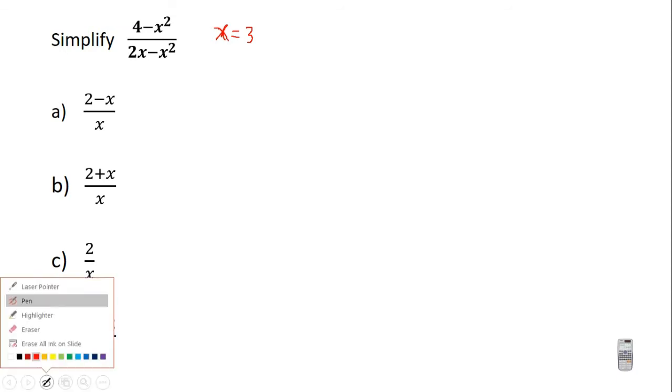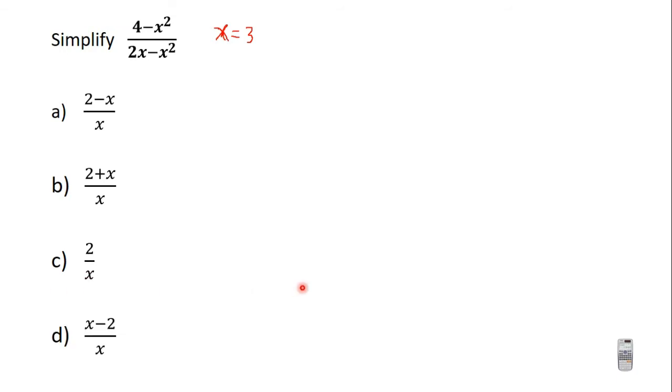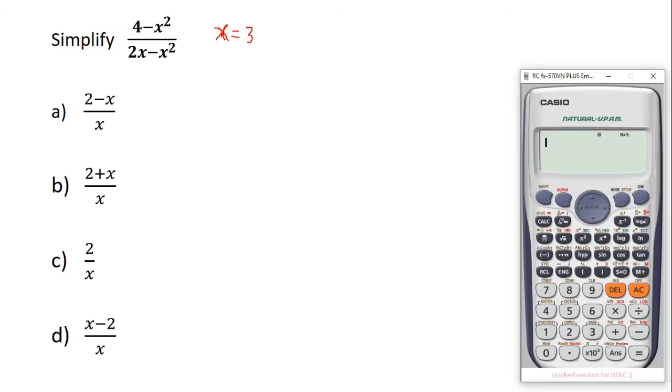Now, after you have done this, you bring your calculator and you enter the function or the equation, or in this case, the expression on the calculator. After I switch on my calculator, you press the fraction button. Since it's a fraction, I'm going to enter 4 minus.